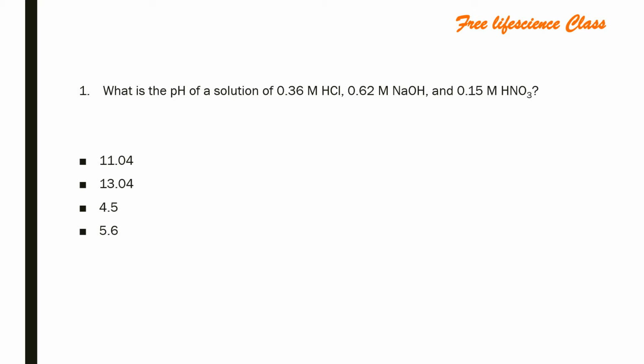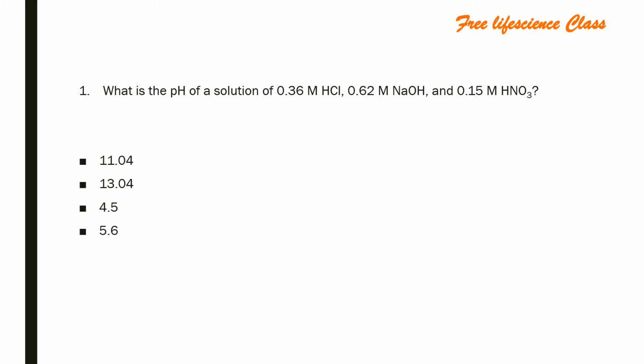So, in the solution, you can see there is HCl, sodium hydroxide as well as nitric acid. So there are two acids and one base in the solution, and we have to find the pH of the solution.